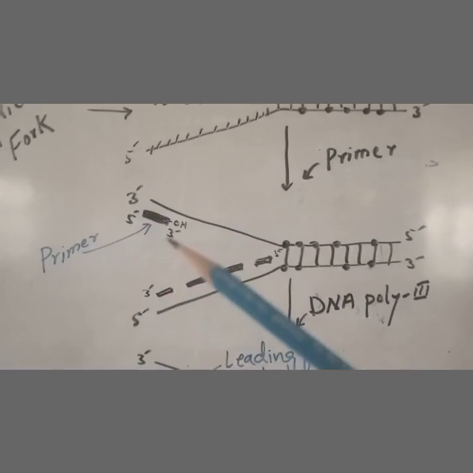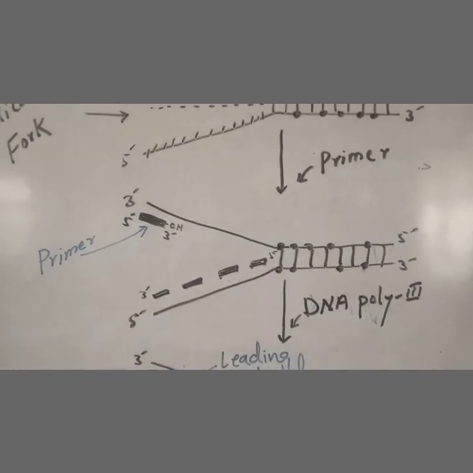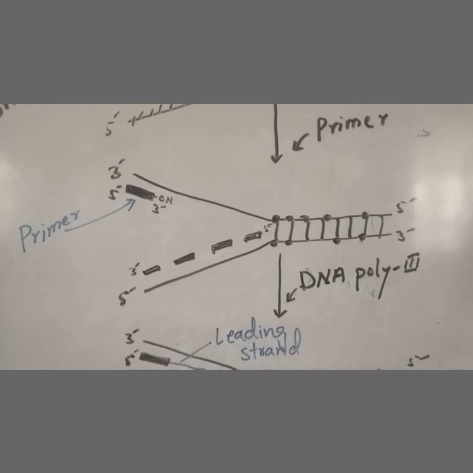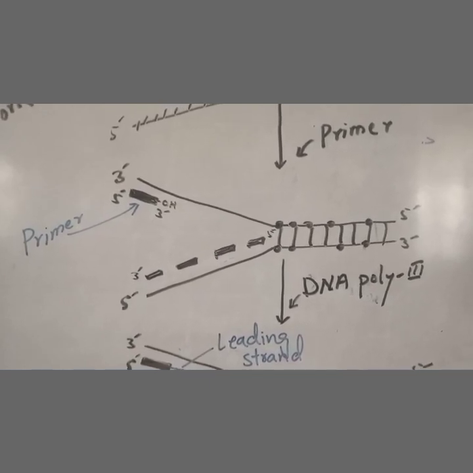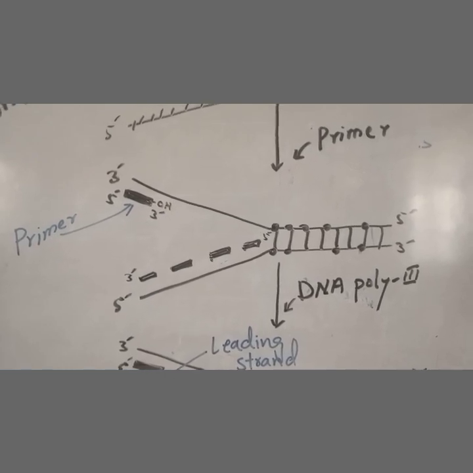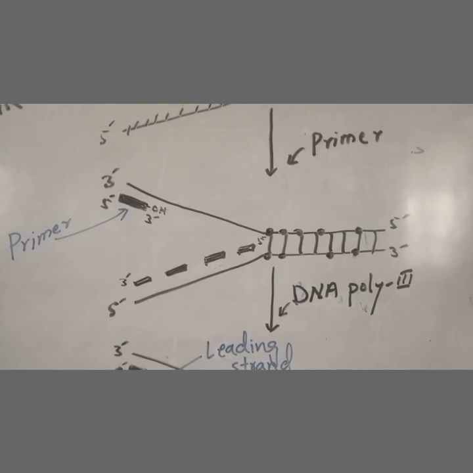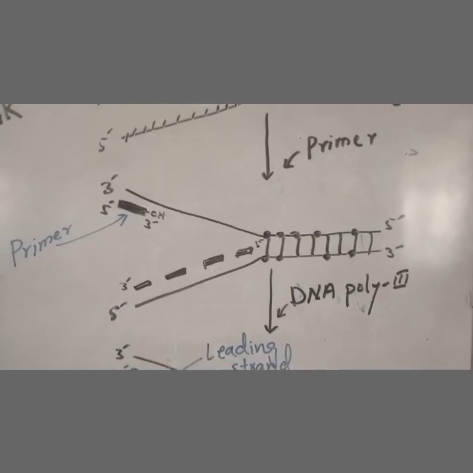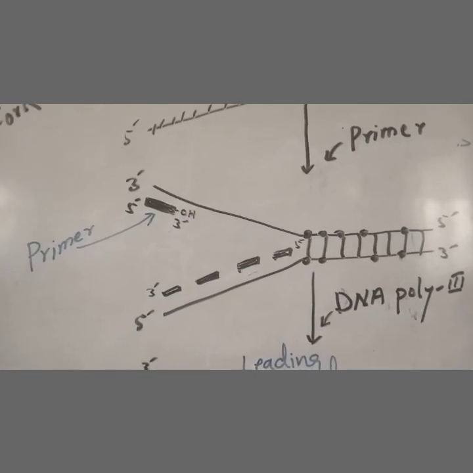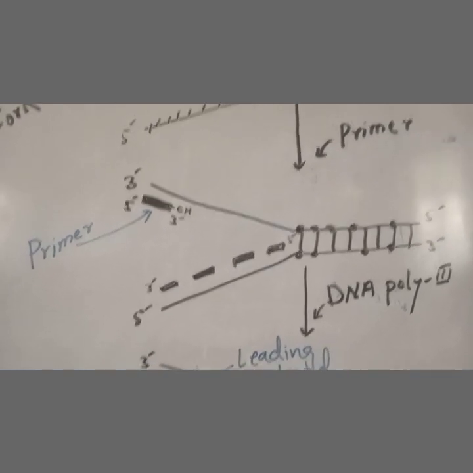That is, DNA synthesis takes place from 5' to 3'. One of its subunits also possesses the ability to remove wrong nucleotides if they are added mistakenly. This ability is called proofreading. Both units of DNA polymerase 3 are interlinked by a small polypeptide chain.